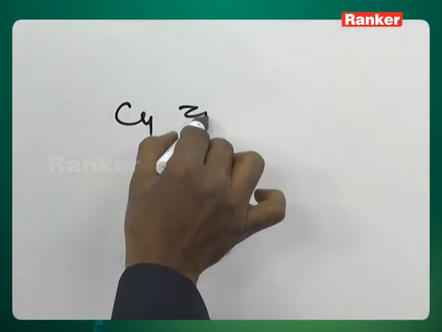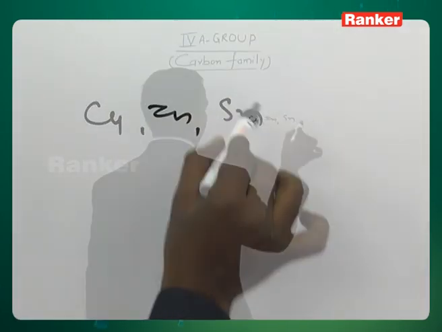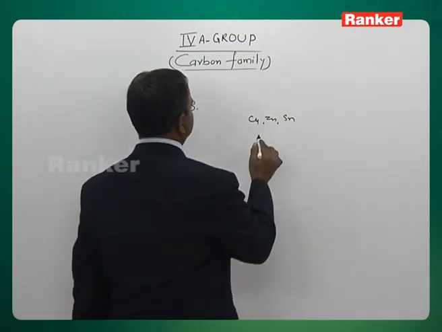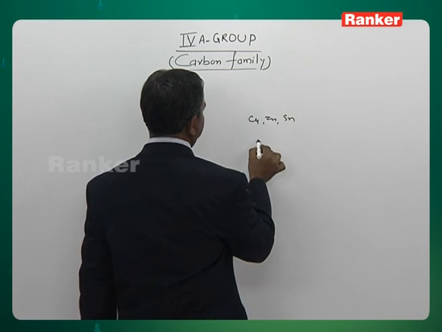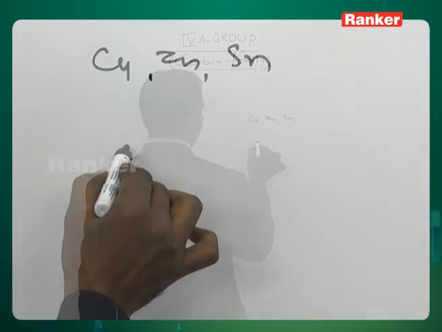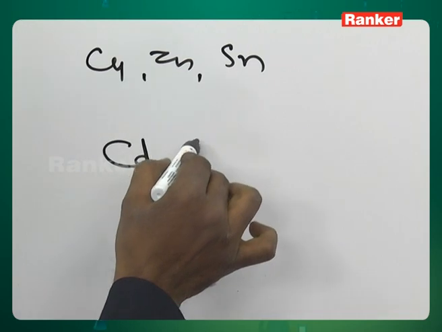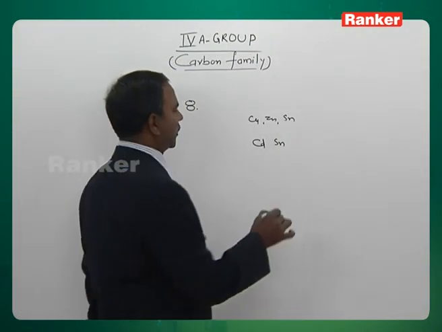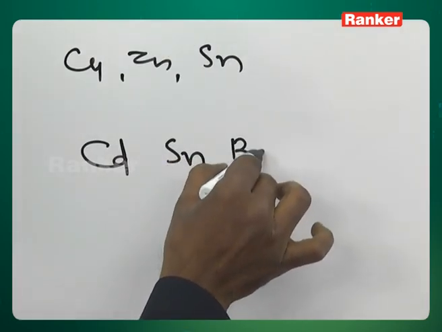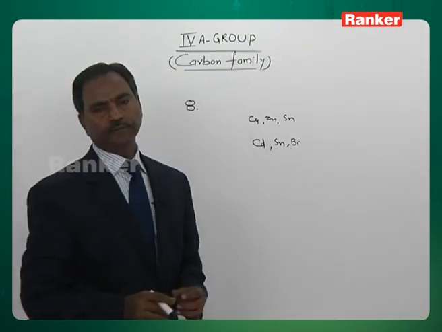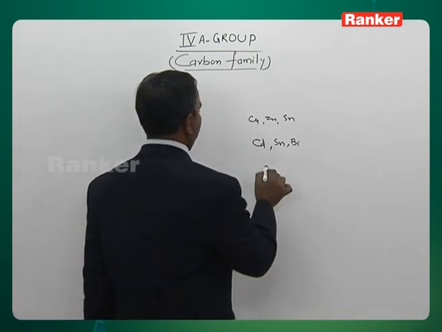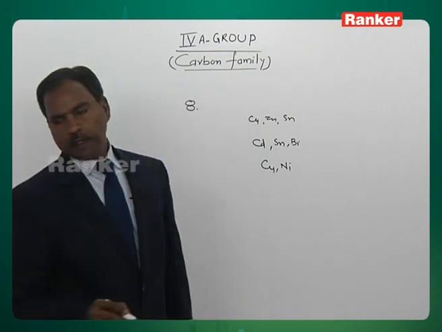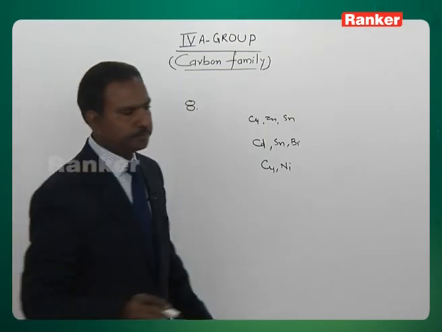Wood's metal is cadmium, tin and bismuth, along with lead. Monel metal is copper and nickel. Bell metal is copper and tin.